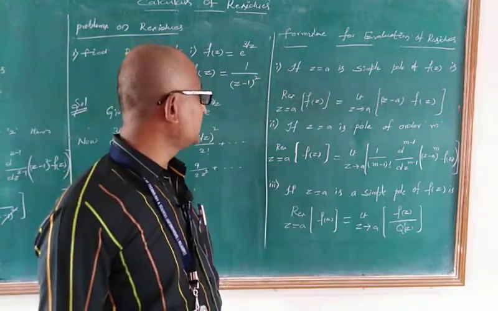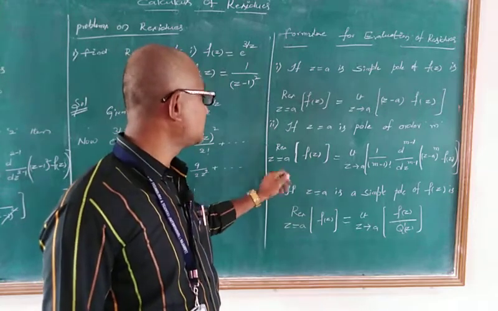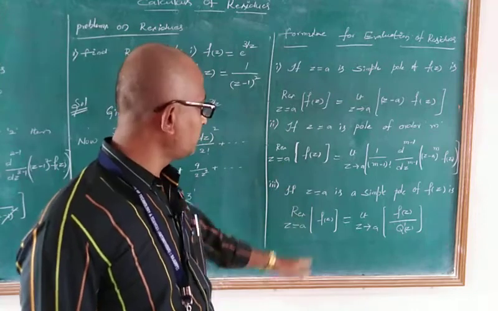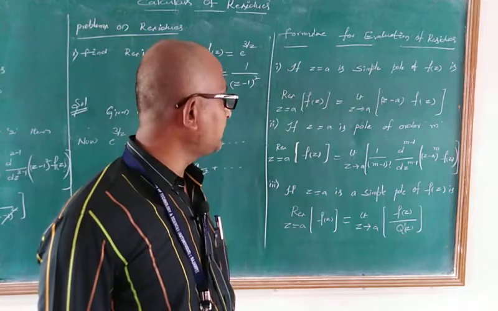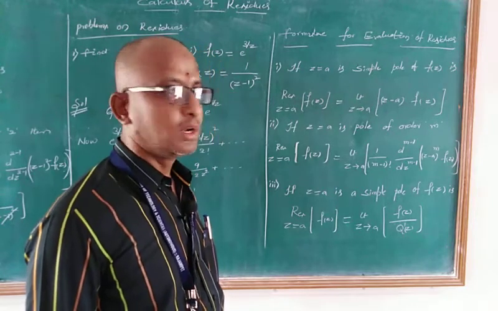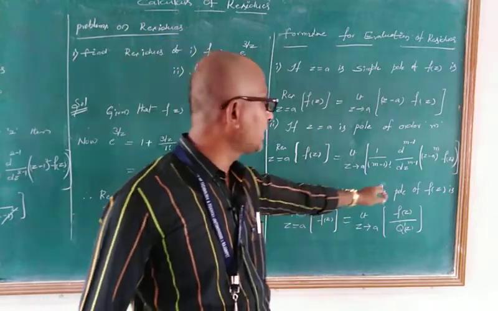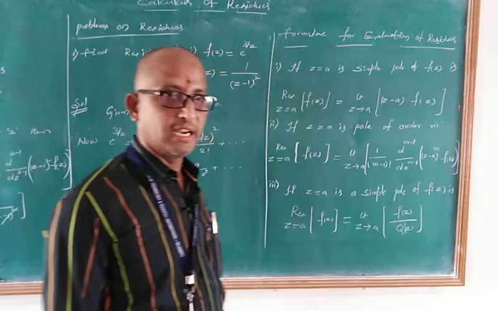Second one, if z = a is a pole of order m, then residue at z = a of f(z) = limit z tends to a of 1/(m − 1)! × d^(m−1)/dz^(m−1) [(z − a)^m f(z)].